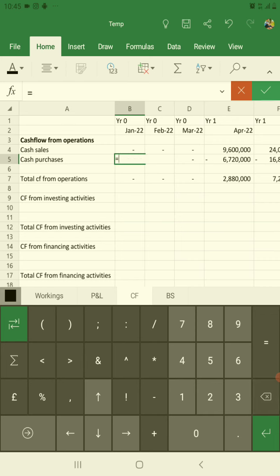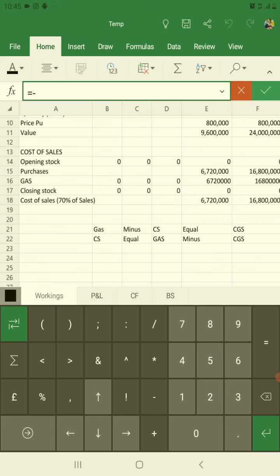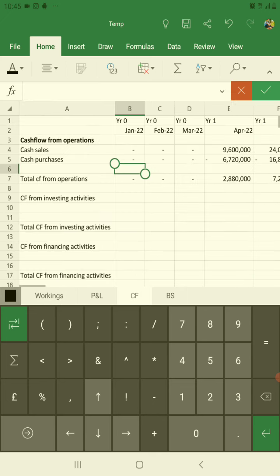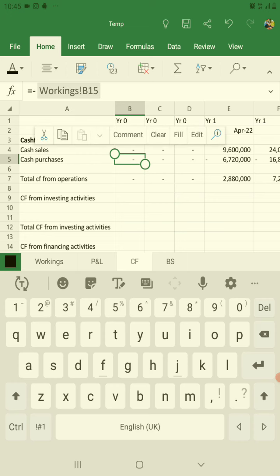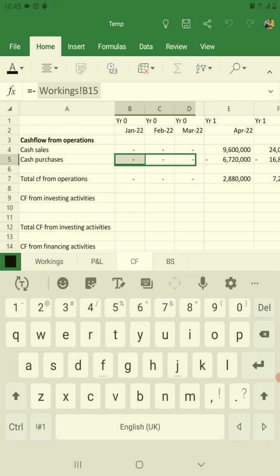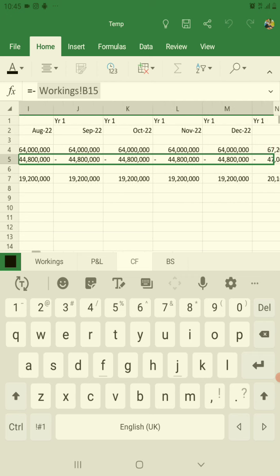So equal sign, and then put a minus figure because purchases are drawing out cash, and then click on the workings and then go to purchases column, that is B15, start from the January, and then enter, and then I can drag this fill throughout the projection period.